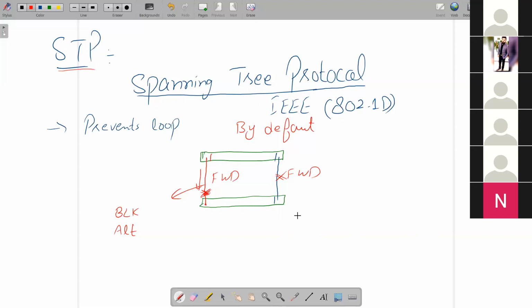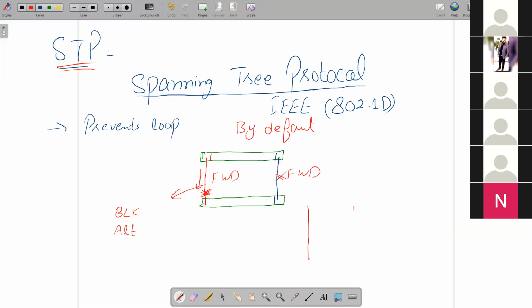I don't care. This responsibility is taken by STP. How it does that, we will discuss in a later session, but the concept is what STP does.